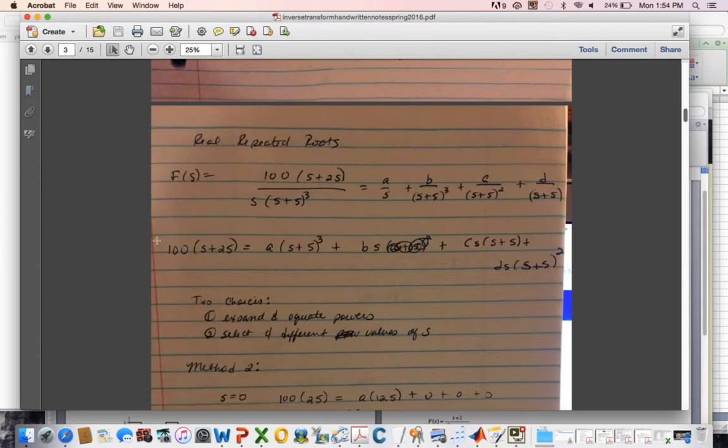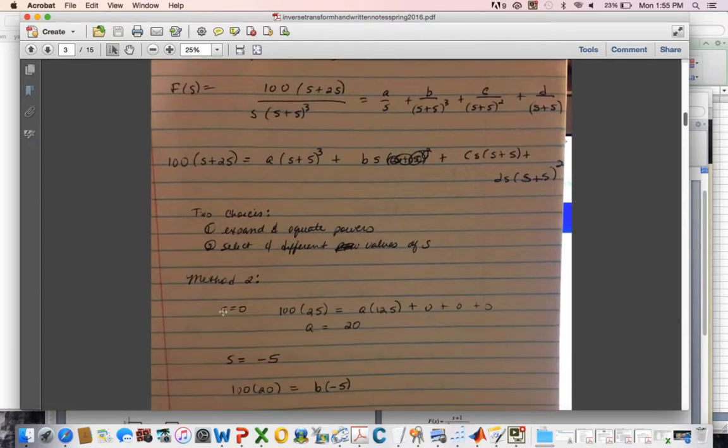So for example, on the left-hand side, I have 100 multiplying s. On the right-hand side, I'll pick up an s term here, and here I have b, and then I'll pick up a 5cs, and over here I'll pick up an s term from the cross term. So I'll collect like terms, and everything that multiplies an s on the right-hand side will be equal to 100 on the left-hand side.